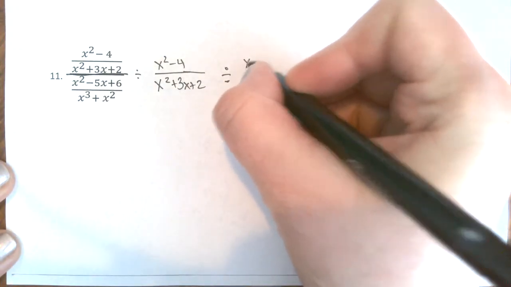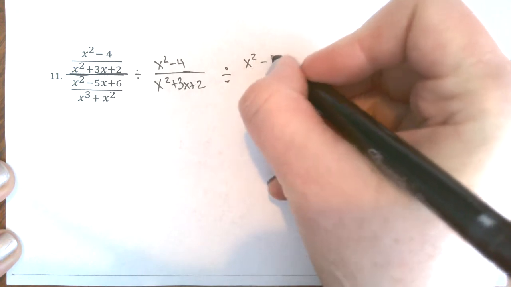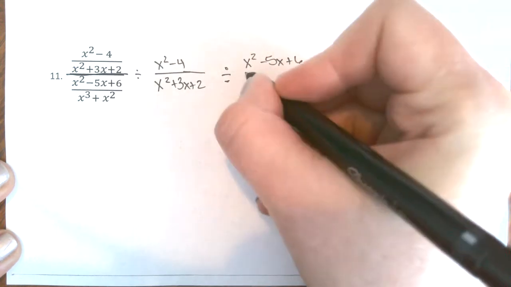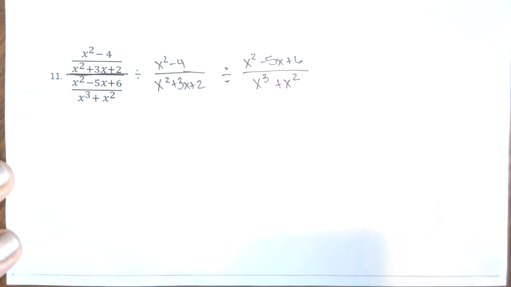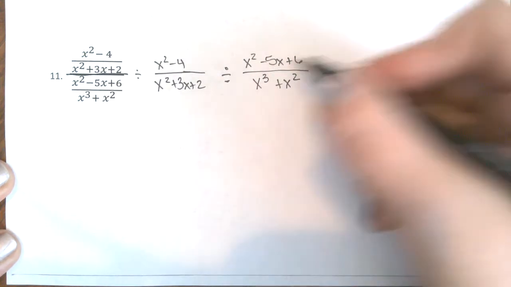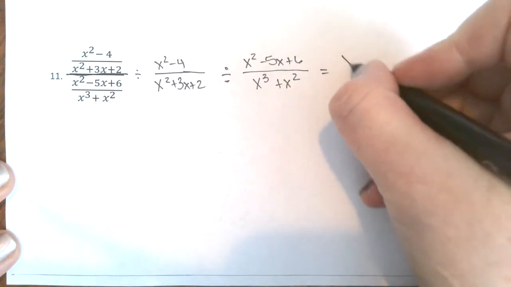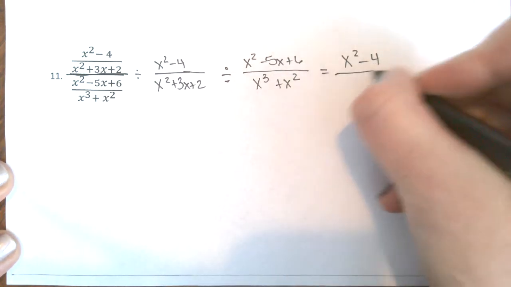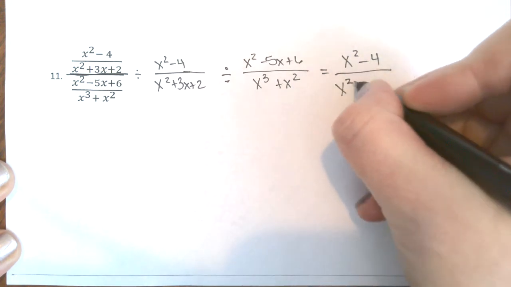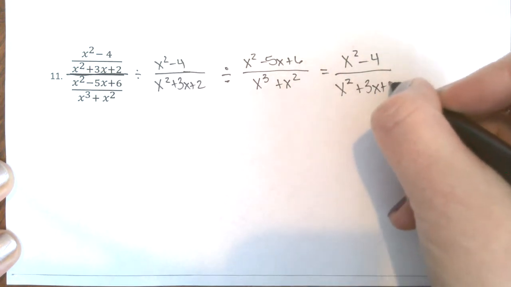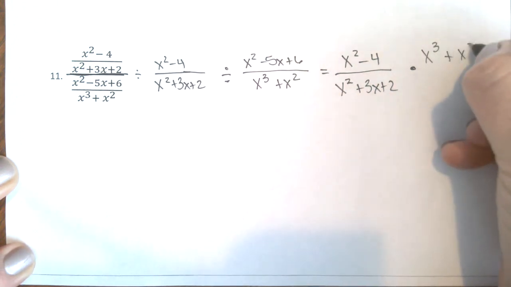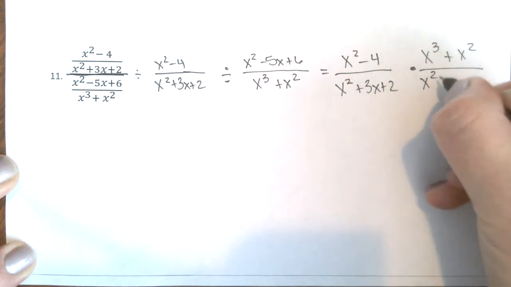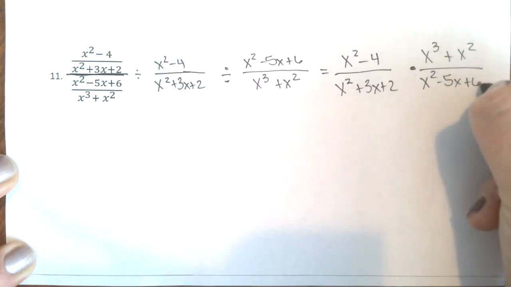And then I'm going to rewrite the denominator as x squared minus 5x plus 6 divided by x cubed plus x squared. All right, let's do our keep, change, flip, or multiply by the reciprocal. So I have x squared minus 4 over x squared plus 3x plus 2 times x cubed plus x squared over x squared minus 5x plus 6.